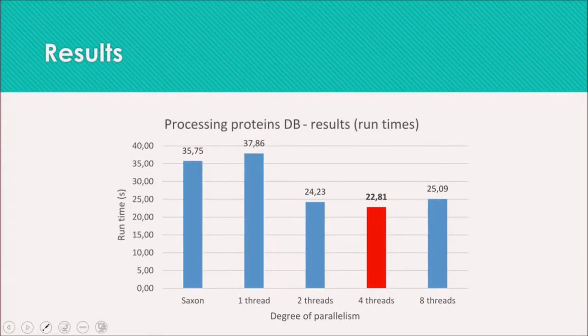If you run the transformation with normal Saxon, you finish in 35 seconds. If you run it with my program, which is a simple wrapper around Saxon, and you run it with one thread, there is some overhead.